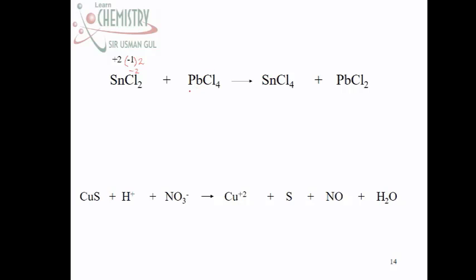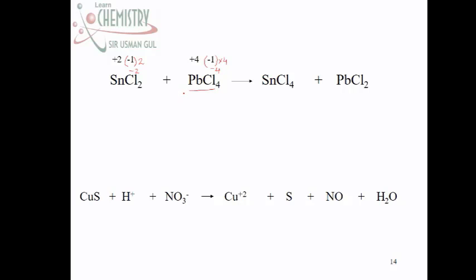if you focus on this example, there are 4 chlorine. One chlorine acquires -1 charge, -1 multiplied by 4, so actually it has -4 charge. To balance -4 charge, lead must have +4 charge, or you can say the oxidation number of lead is +4.